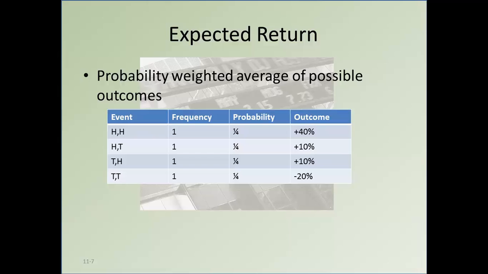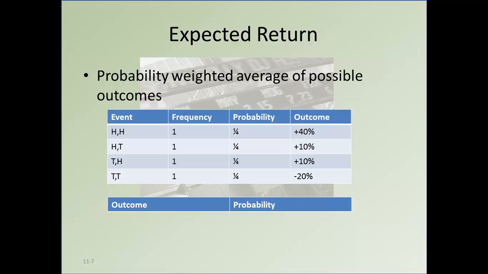Since the outcome of HH is 40%, the outcome of HT is 10%, the outcome of TH is 10%, and the outcome of TT is minus 20%, this can help us to calculate the expected value of returns from this double toss of a coin.